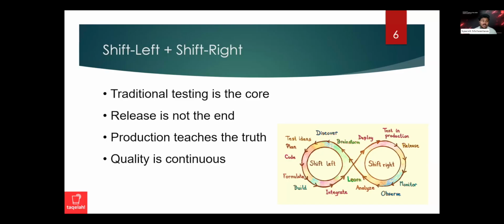Maybe we would have found out after 2 days, because sometimes the release is on Friday, and we come back on Monday and see that millions of users could not do the payment because of that particular payment method, and there would be a high business loss. So by introducing monitoring, observability, logging, and continuous feedback, we can achieve a good measure of testing, and also be a bit preventive.